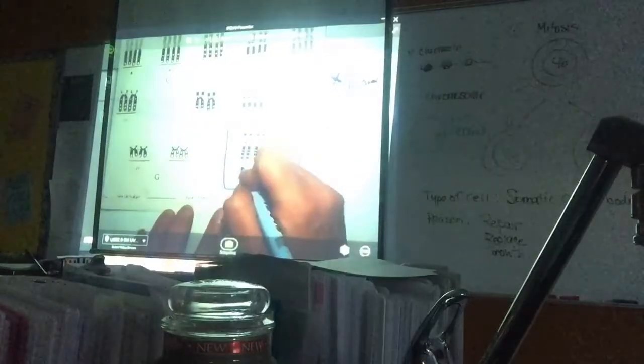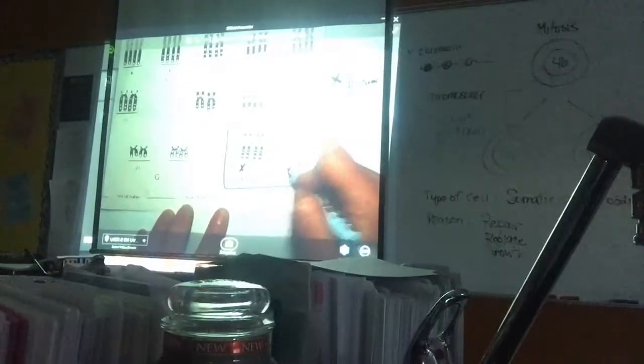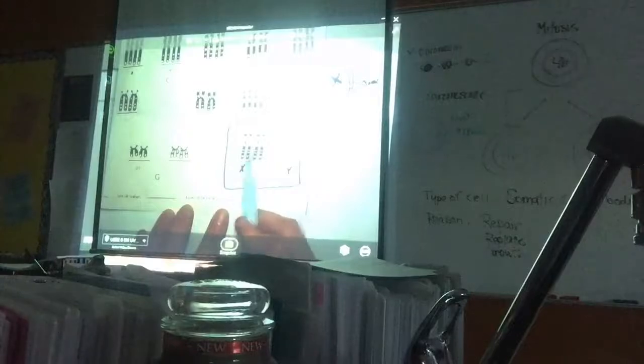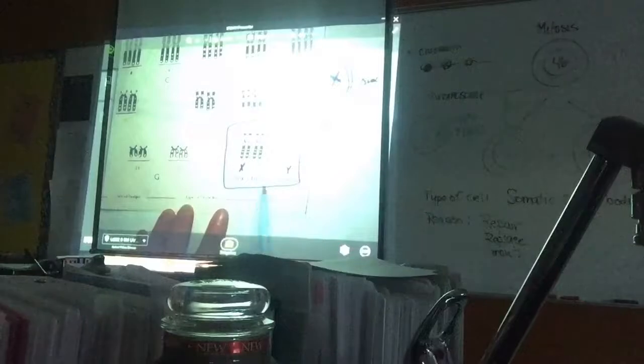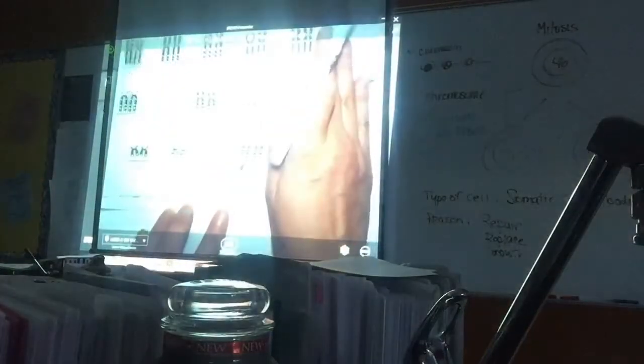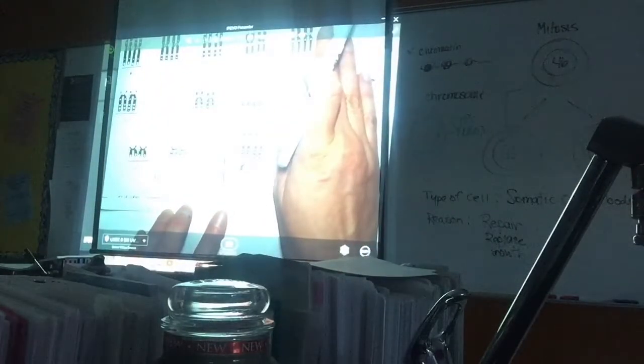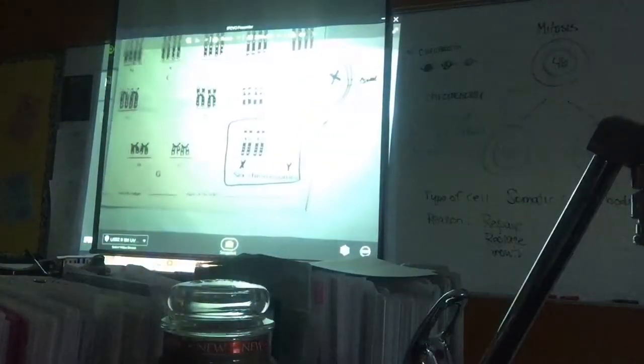There are two in humans, an X and a Y. Notice that for this one, there are two X chromosomes and no Y chromosome. People are almost always going to have two sex chromosomes. This person has two X's. Is that for a male or female, do you know? This is a female. And how would the males look different?